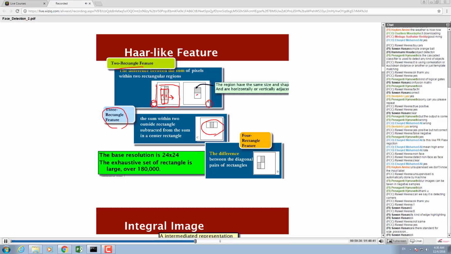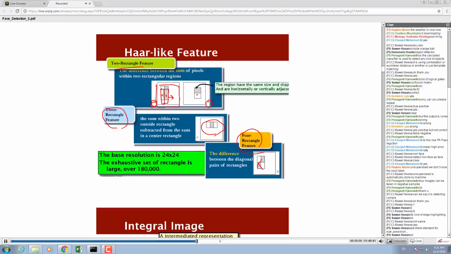So in every category, like the two rectangle feature, we may have thousands or 10,000 features. Three rectangle features, by changing size, are a kind of combination, right? Different size, different position, different direction. It is a combination that can generate many features.